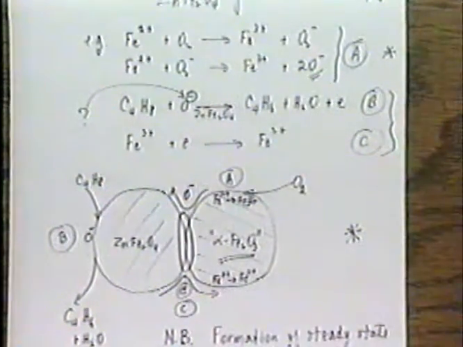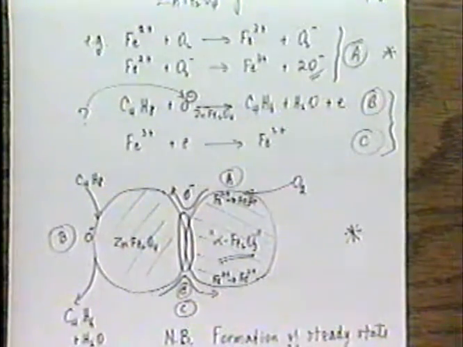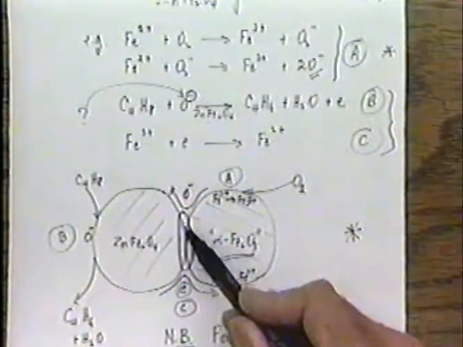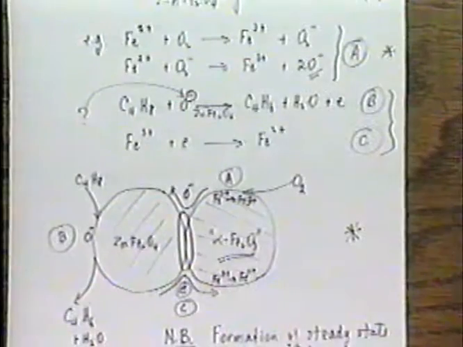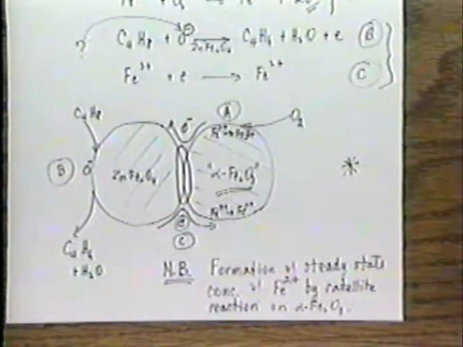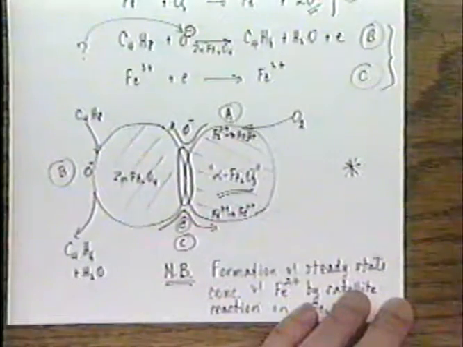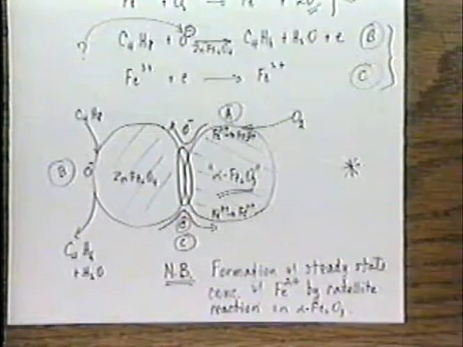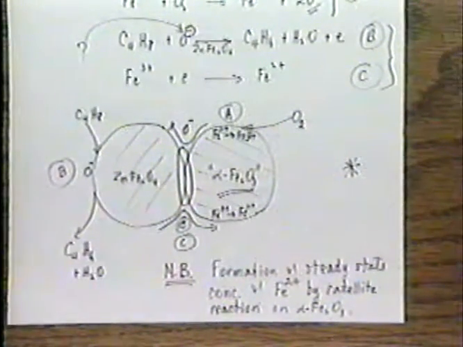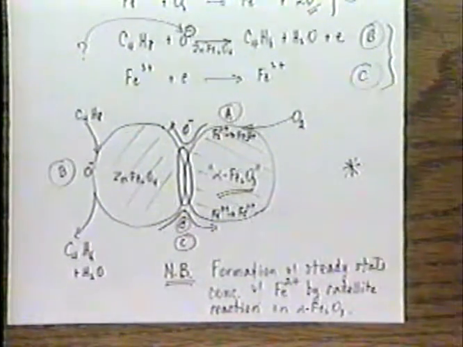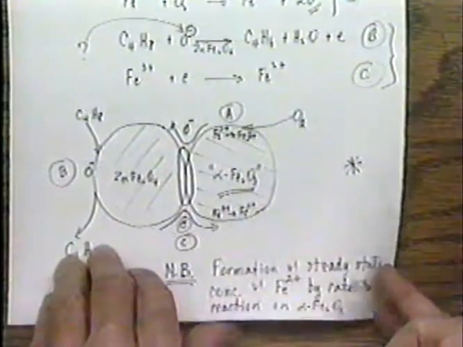That is to say that most of the zinc ferrite particle probably doesn't take part in the reaction, but you've got a small surface area adjacent to the point of contact between the particles, where a small distance over which the adsorbed oxide ion can migrate and react with adsorbed butene, and a small distance then for the electron to be transferred back into the Fe2O3 phase. I found that interesting. I hope you do.